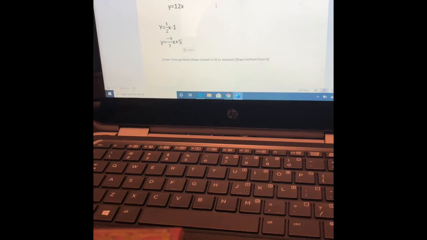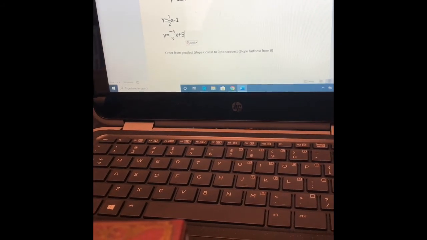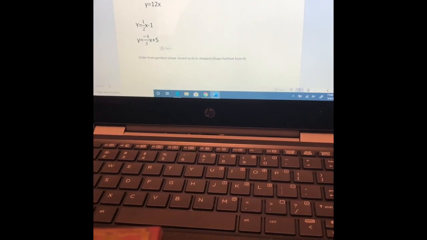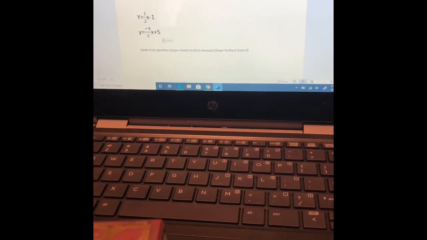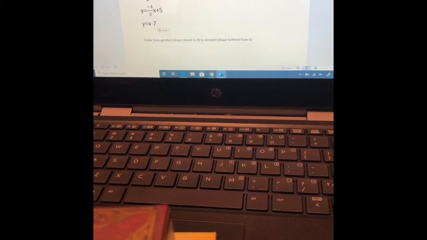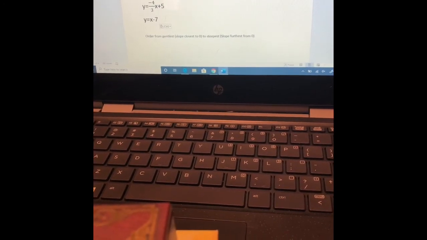Okay, I'm not really interested in it going up or down. I just want to know how steep it is. Whether you're going up the hill or down the hill, it's still a steep hill. Next, we have a -3 and a 1. 1 is gentler, so I'm going with the 1. Then I gotta go with the 3.